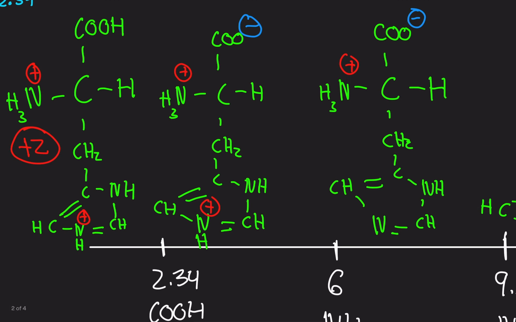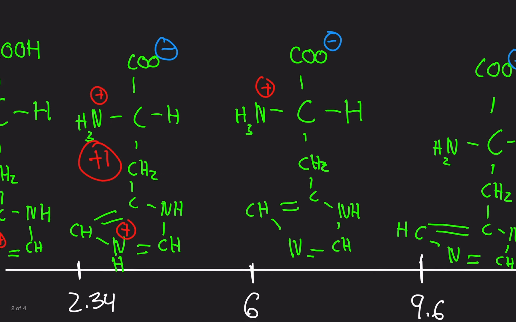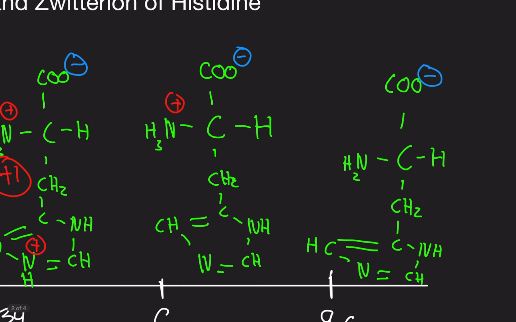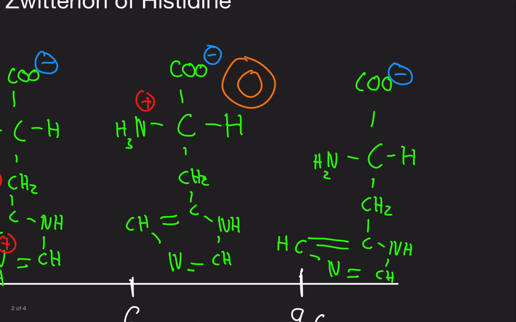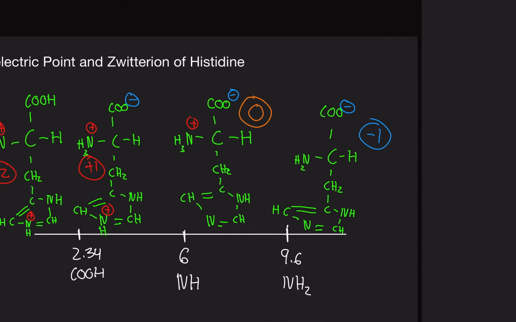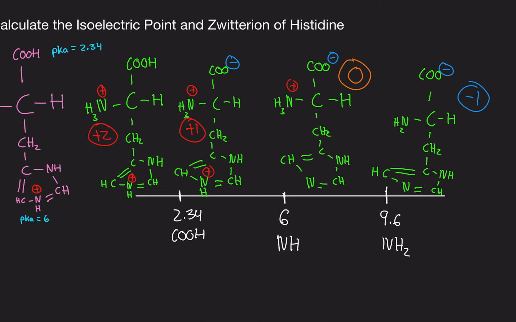So they cancel each other out, and so we get a net of positive 1. Here we have a positive and negative, so that's a 0. So this is the Zwitter ion, basically. We found the Zwitter ion, a 0. And here is a negative 1, just 1 negative charge. Okay, and that's the Zwitter ion. So let me just draw here, Zwitter.